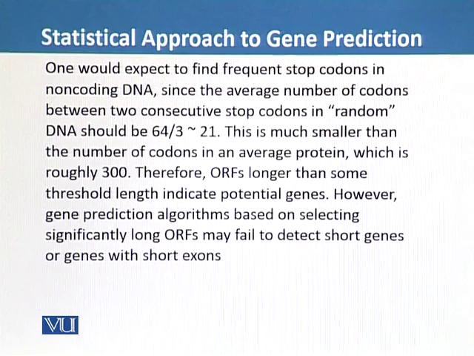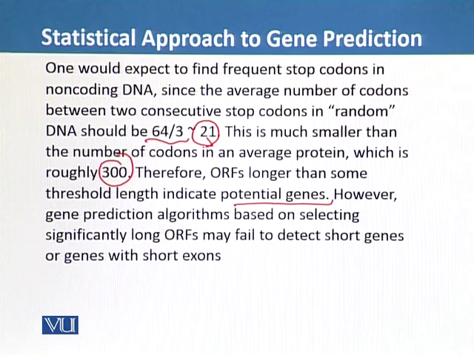One would expect to find frequent stop codons in non-coding DNA, since the average number of codons between 2 consecutive stop codons in random DNA should be 64 divided by 3, and that comes out to be 21. This is much smaller than the number of codons in an average protein, which is roughly 300. Therefore, open reading frames longer than some threshold length indicate potential genes.